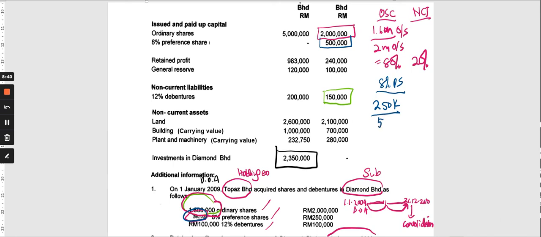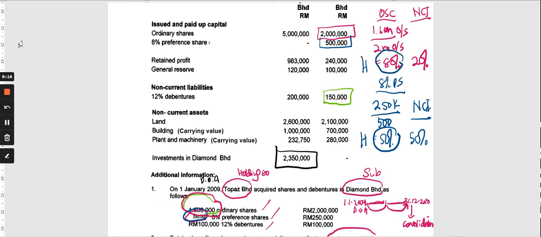We assume it's 500,000 shares at 1 ringgit each. So this one will give you 50%, meaning that the NCI is also 50%. And this is the percentage of the parent or holding. Same goes here.